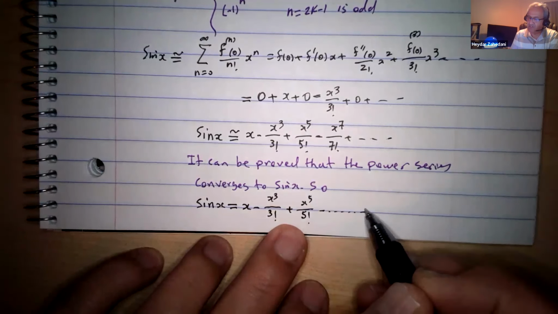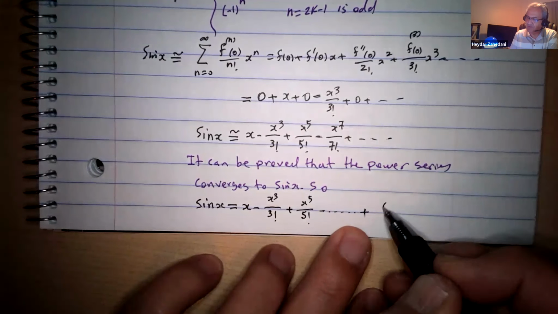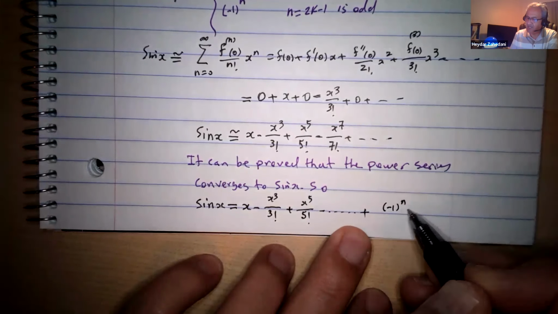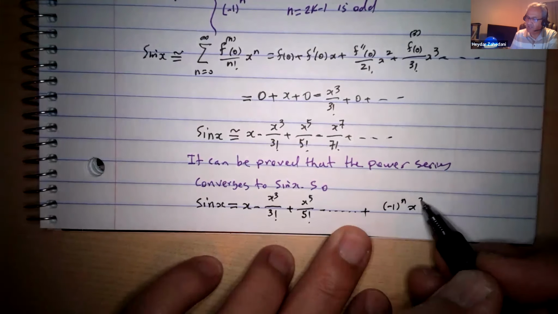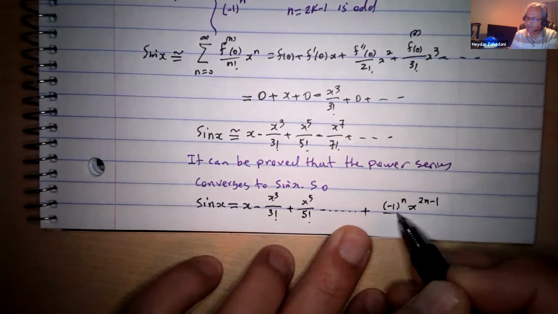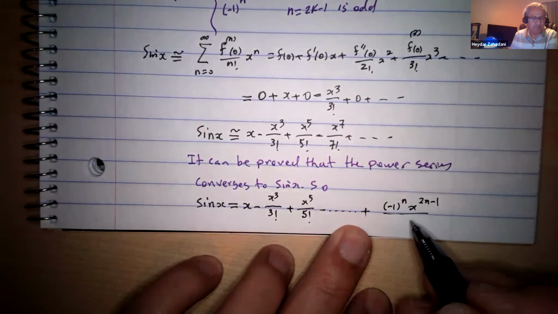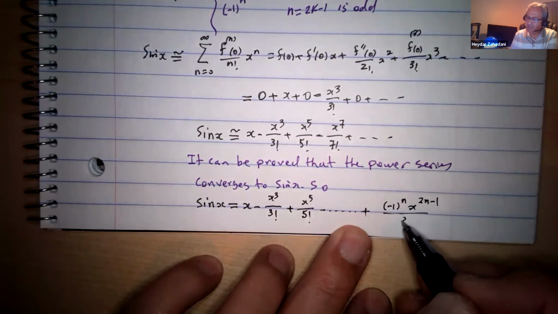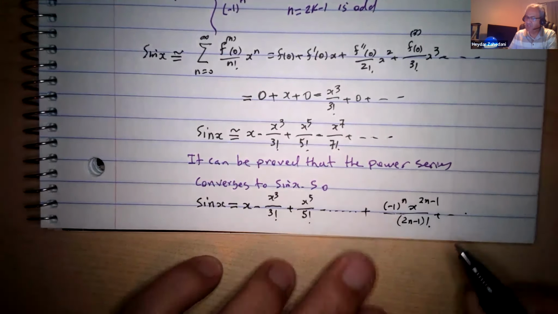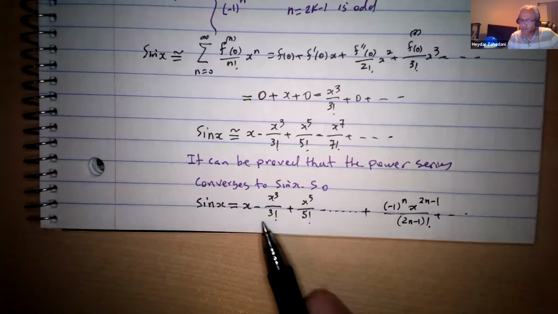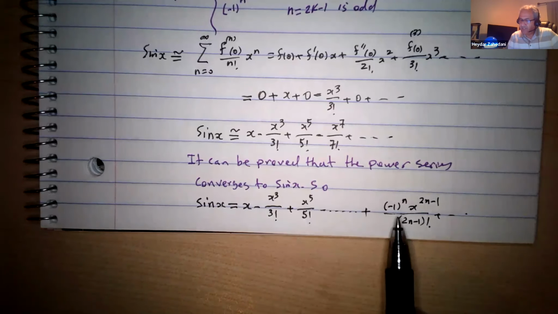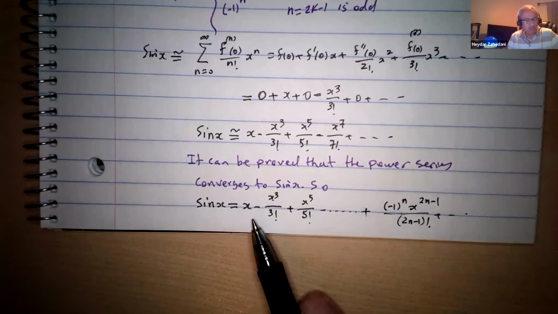So if you want to write the general term, you are going to have negative 1 to the n x to the 2n minus 1 over 2n minus 1 factorial. So just check to make sure you get it right. If you replace n by 0, you should get the first one.